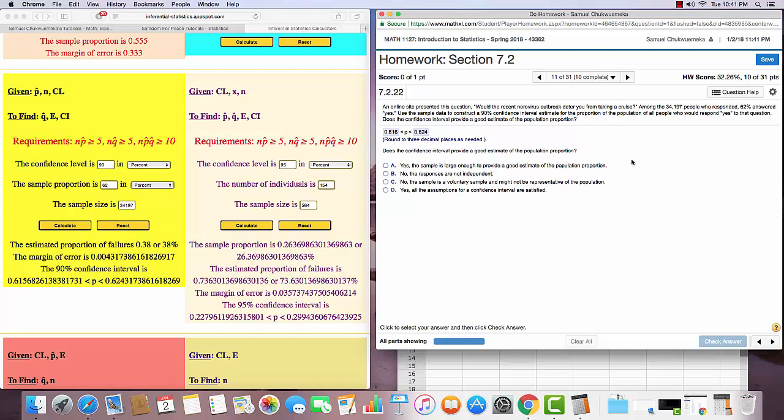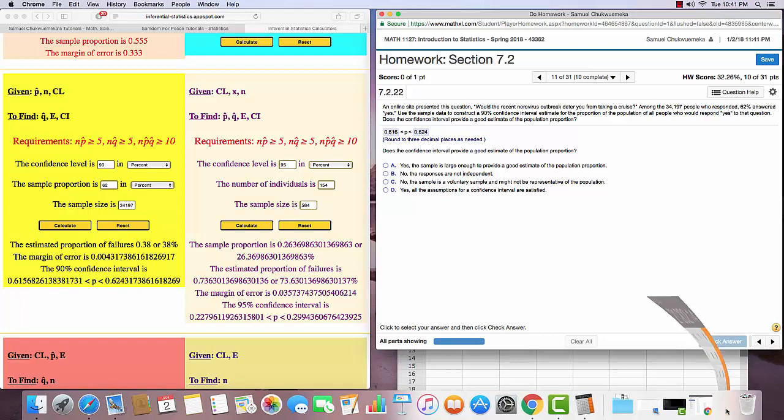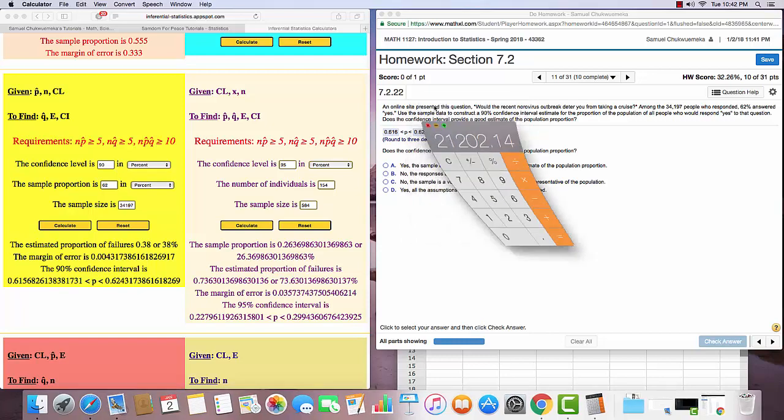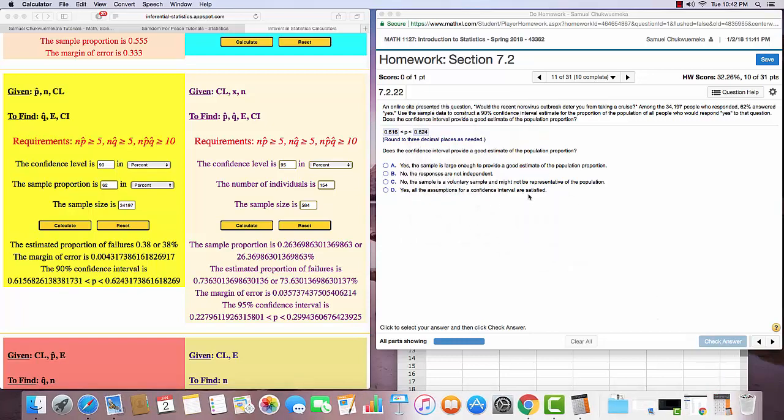So it's a voluntary sample. Some people answer. You see the number of people that answered out of 34,197 people. 21,203 people answered yes. So this is a voluntary sample.